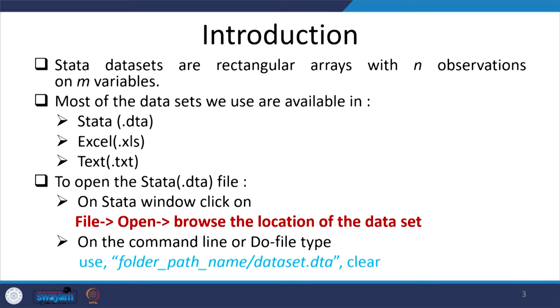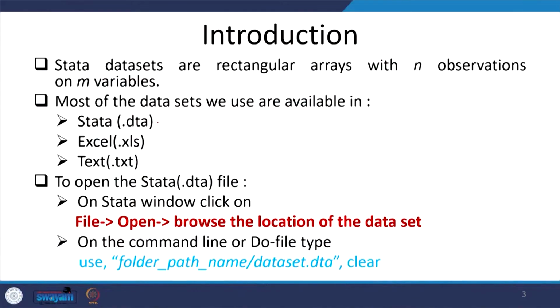A Stata file is in .dta. At the end of the file you will see .dta as the extension. That means you should make sure that the data is in Stata format.